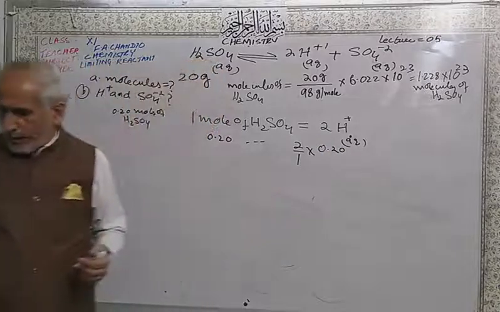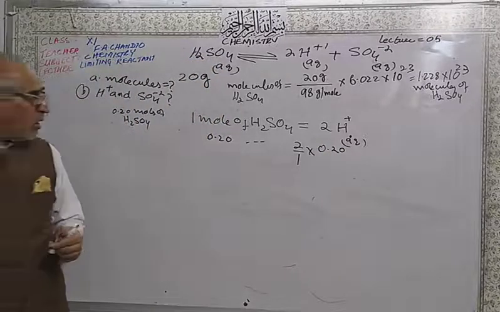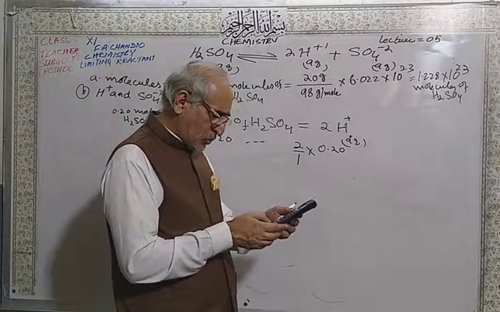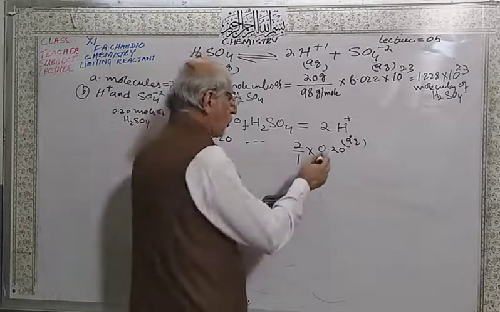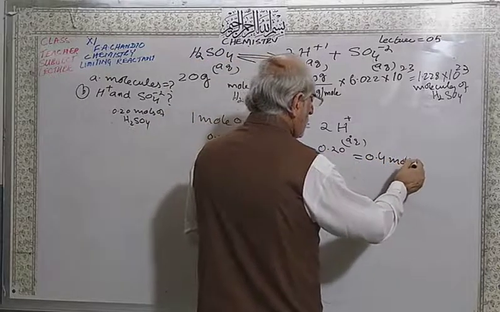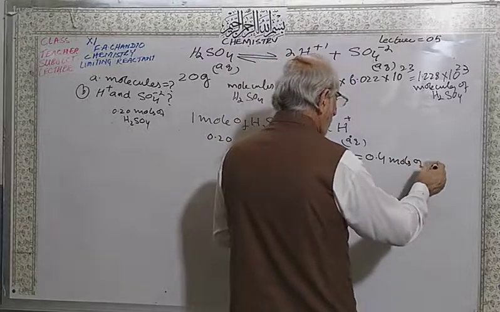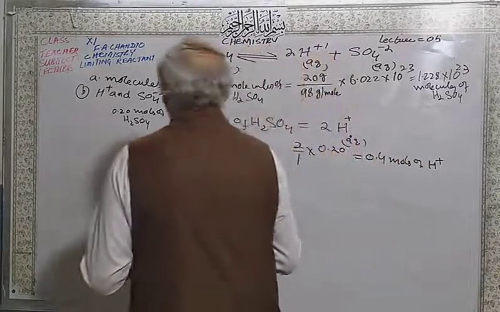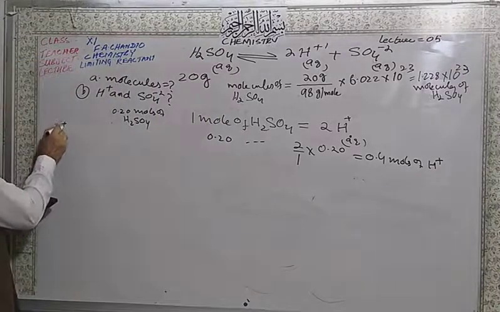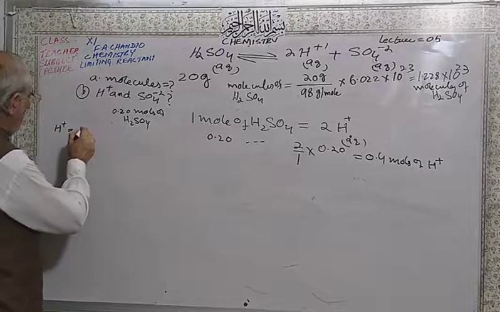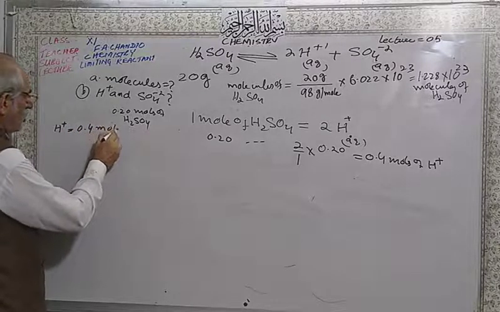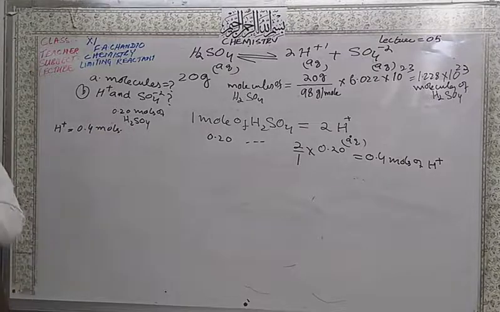Dear students, 2 multiplied by 0.2 is 0.4 moles of hydrogen ions.